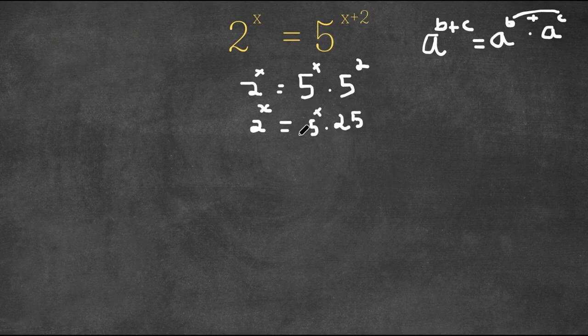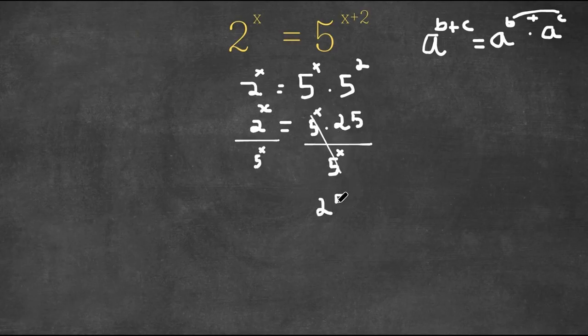Now what we're going to do is we're going to divide both sides by 5 to the power of x. So if we divide both sides by 5 to the power of x, well, for this side, these two will cancel out. So on our right-hand side, we'll just have 25.